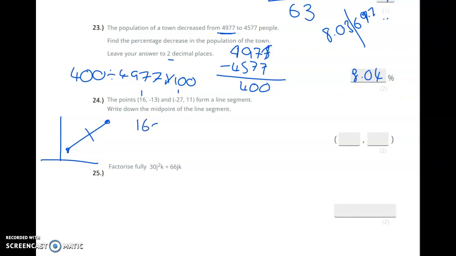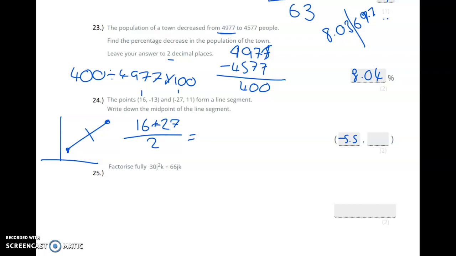So we'll do 16 plus minus 27, which becomes 16 minus 27, minus 11, divided by 2. So our x value is going to be half of that, so minus 5.5.